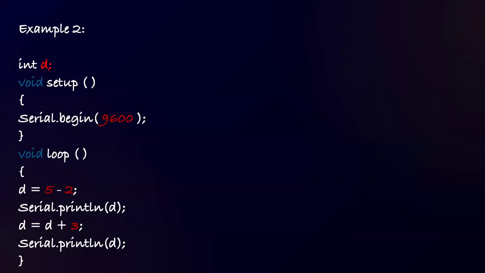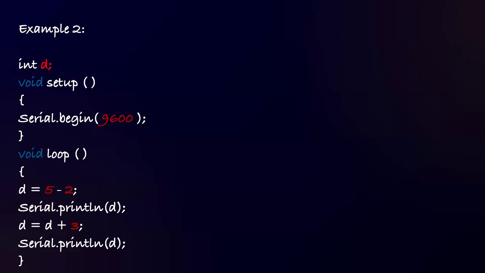In this one, we have again declared a variable, int d. Then in void setup, we have again declared the serial rate. And then in loop, we have assigned d the value of 5 minus 2, and then we have printed d.